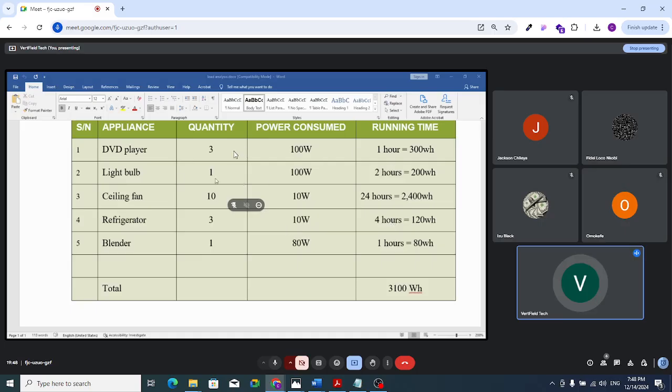All right, so here you have it. We have firstly done what we're supposed to do first, going through the process of load analysis, to know what we are going to be powering up, and after that we have been able to come up with an energy need.